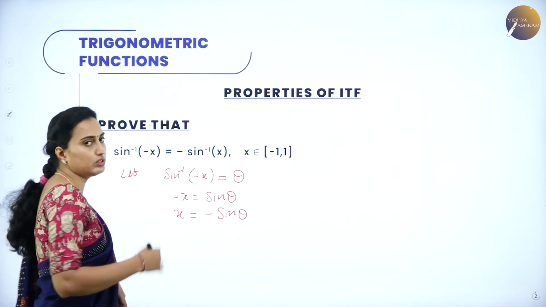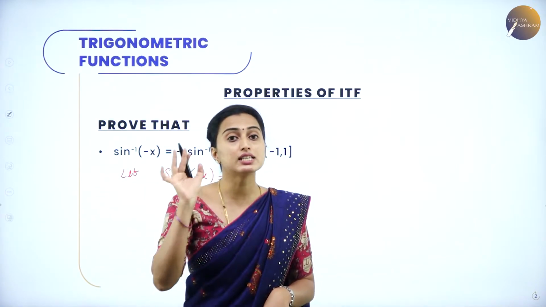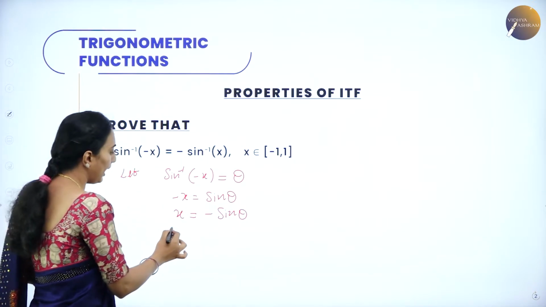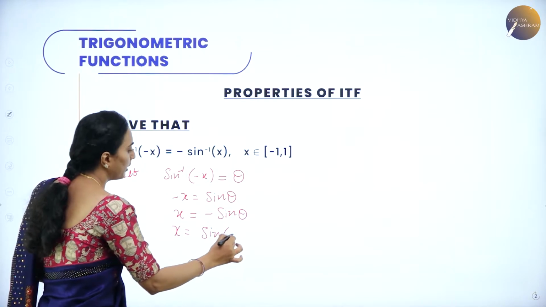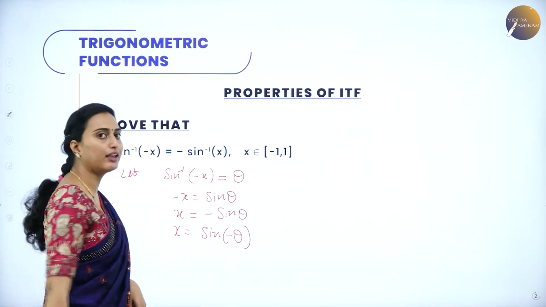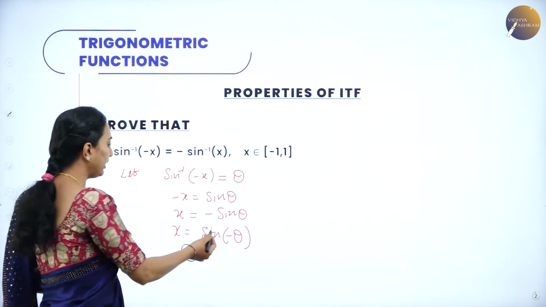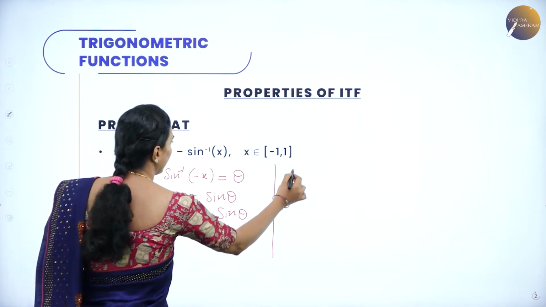And you already know, dear students, sine of minus theta is minus sine theta. Therefore, x can be written as sine of minus theta. Taking sine inverse on both sides, or taking this sine to the left hand side, what is it becoming?